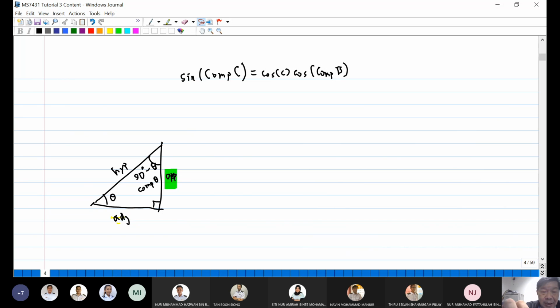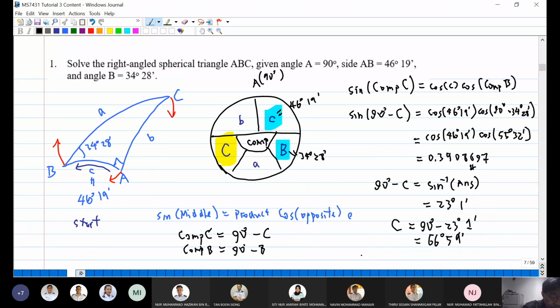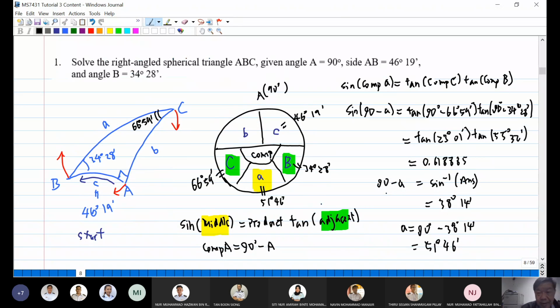So what we have just now is this co-A, right? So small letter A here. And then product of tangent, okay? What we have just now, tangent of co-C, tangent of co-B, right?